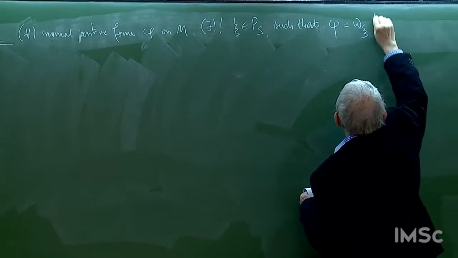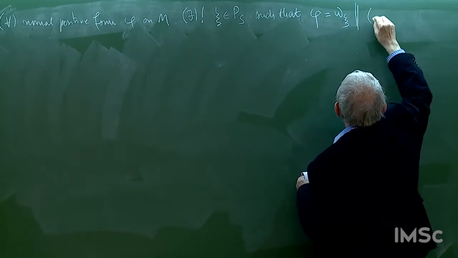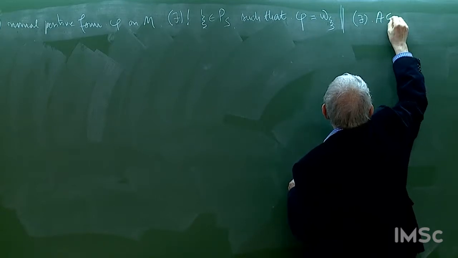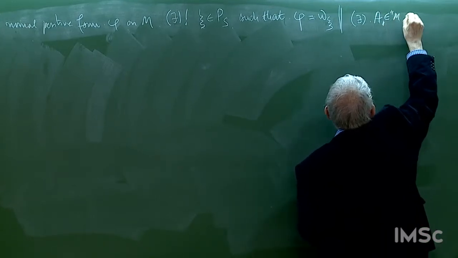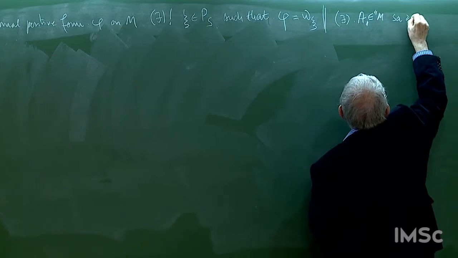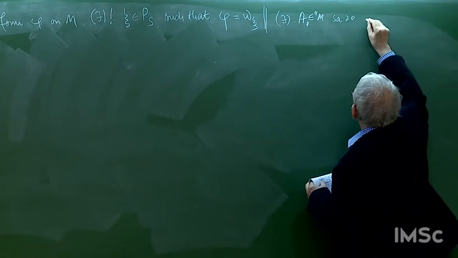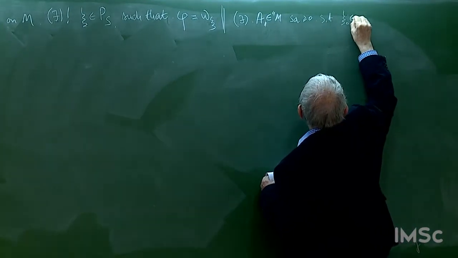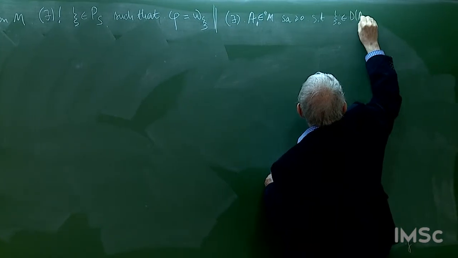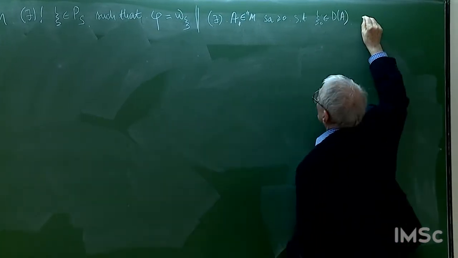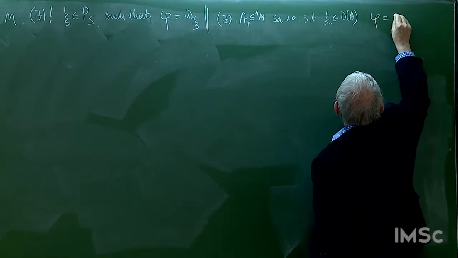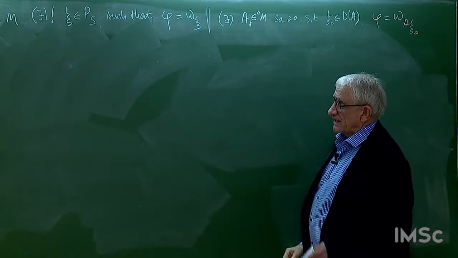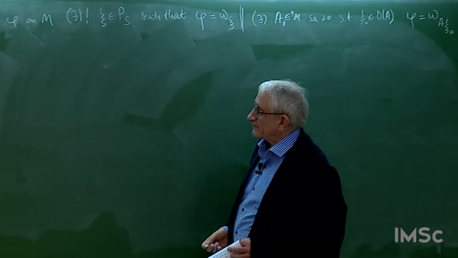In particular, it follows that there is a self-adjoint positive operator A affiliated to M such that the vector psi naught belongs to the domain of A, and phi is equal to omega A psi naught. I will consider first the uniqueness.